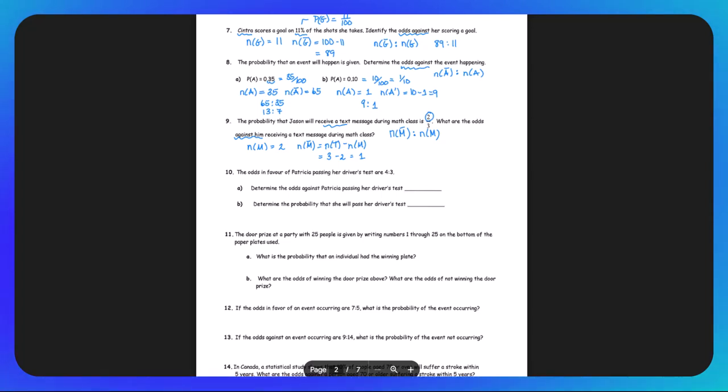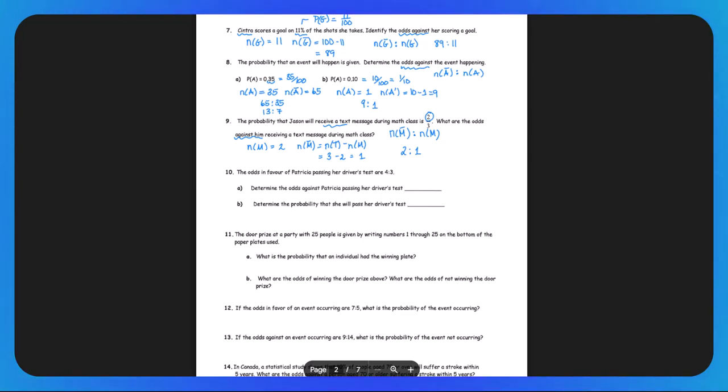So the odds against him receiving a text is 2 to 1. So for every 2 messages that he does not receive in class, he receives 1 during the math class.